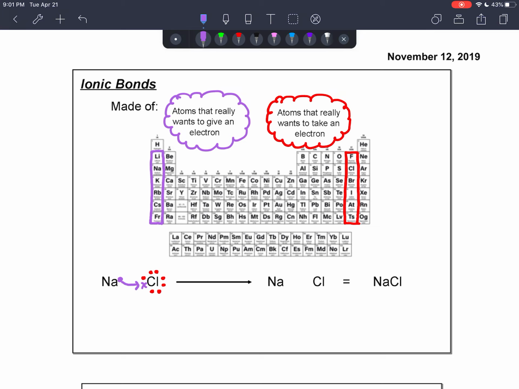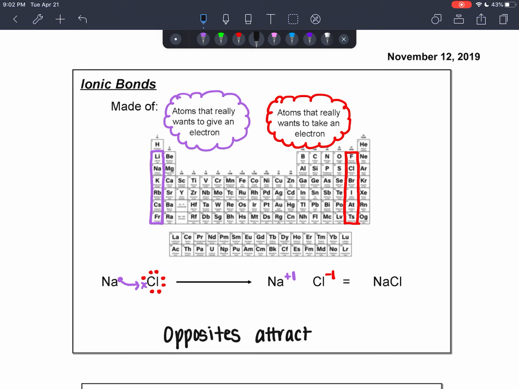So when I see this transfer, what I end up getting is sodium with a +1 charge and chlorine with a -1 charge. Now, hopefully you've heard this cheesy phrase, opposites attract. I've mentioned it once or twice. What I mean by that is positive charges are attracted to negative charges and vice versa.